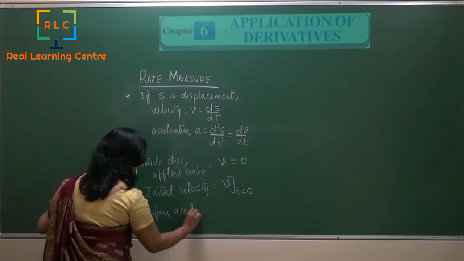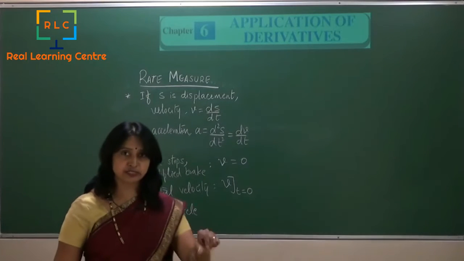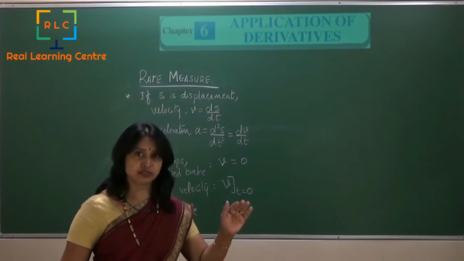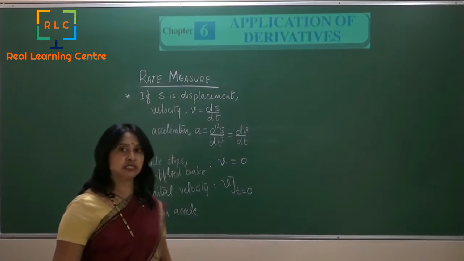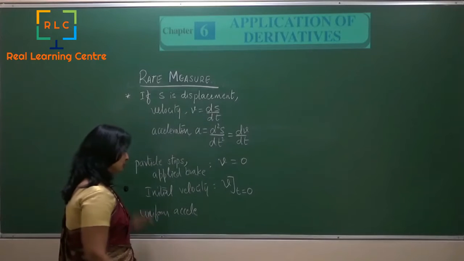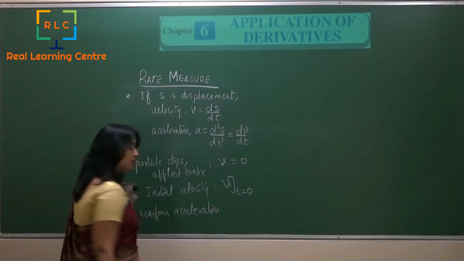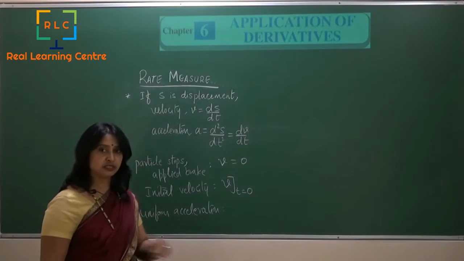And what do you mean by uniform acceleration? When do you use the accelerator, children? What will happen to the vehicle if you put the accelerator? If you accelerate it, it goes faster, right? Or if you decelerate it, if you want to lessen it, you'll decelerate it. So uniform acceleration, I don't want that accelerating thing to happen. Then what should happen? The velocity should be continuous as it is. The speed should be in the same way.